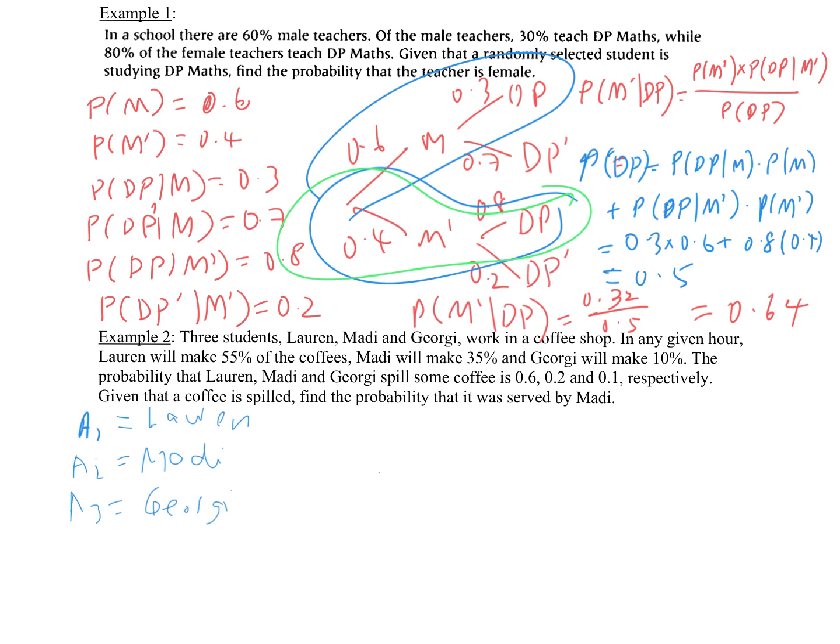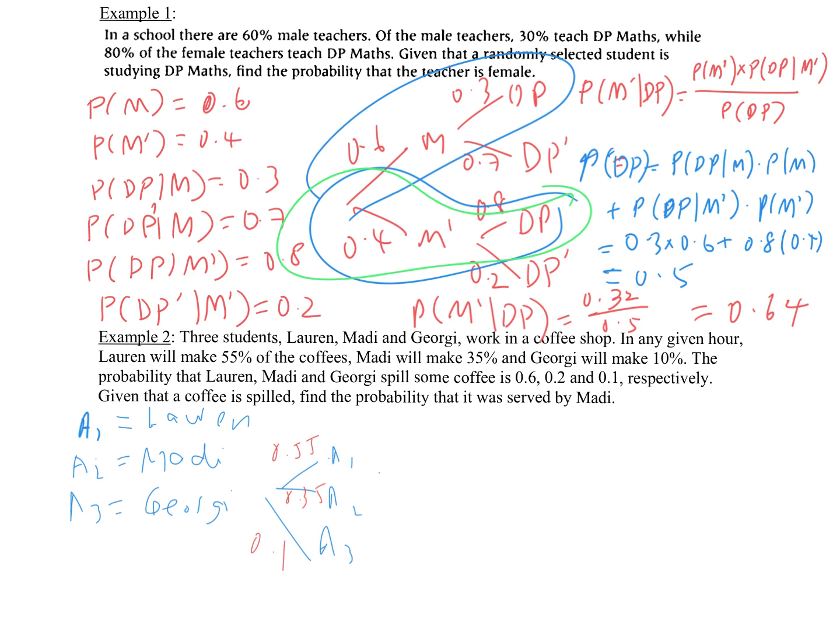If you represent this on a tree diagram, you have A sub 1, A sub 2, and A sub 3. The probabilities are 0.55, 0.35, and 0.1.